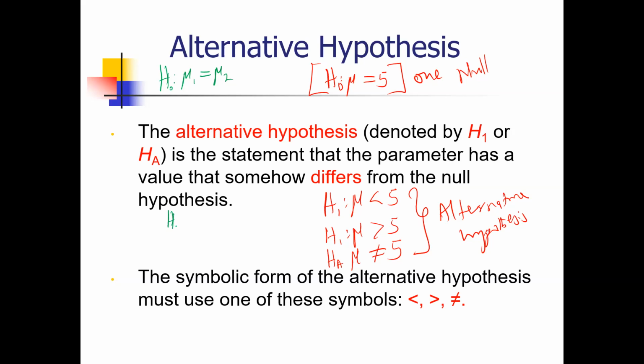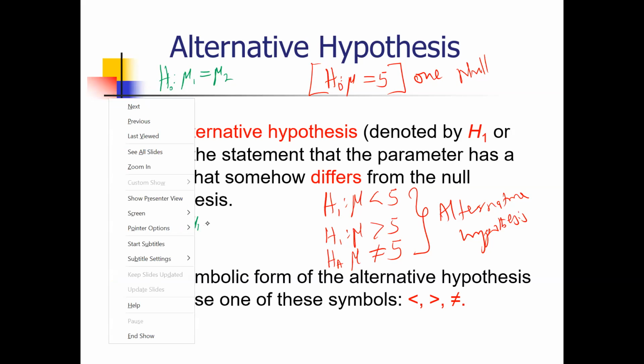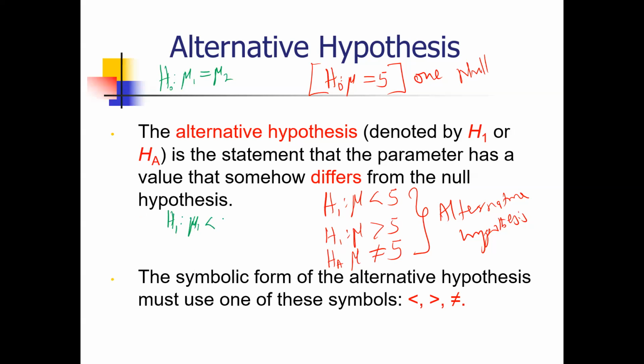If I am disputing the null above, there are three possible ways I could dispute it. One way is to say that class group 1 is actually less than class group 2. Another way is to say that class group 1 is actually bigger than group 2.